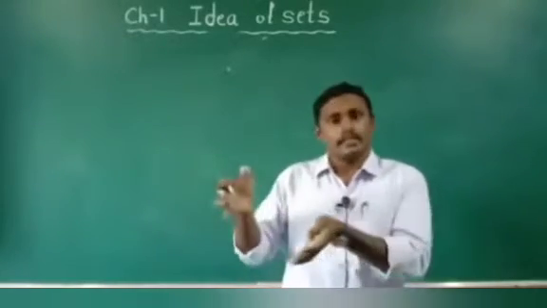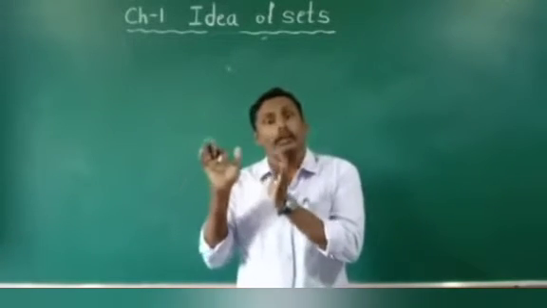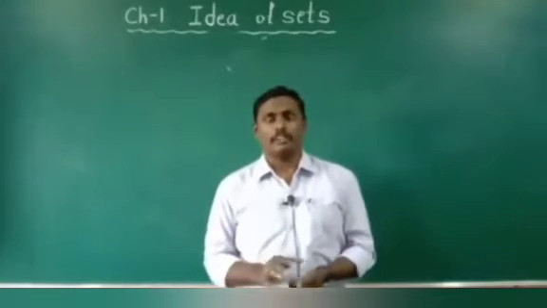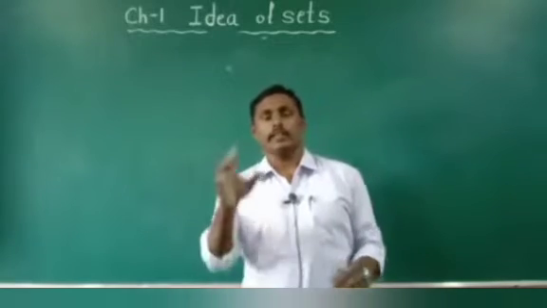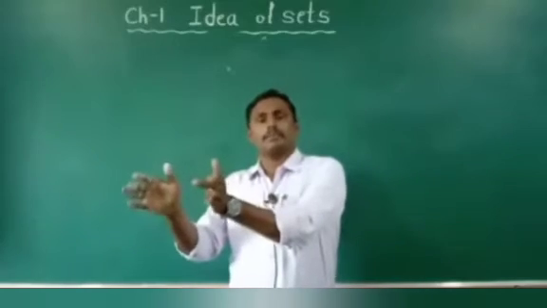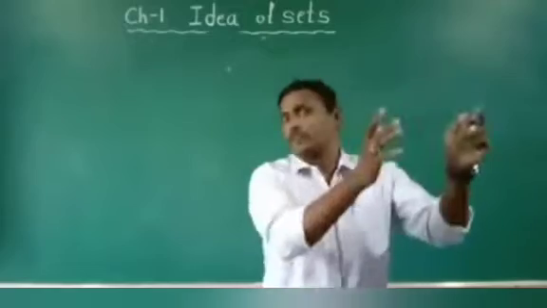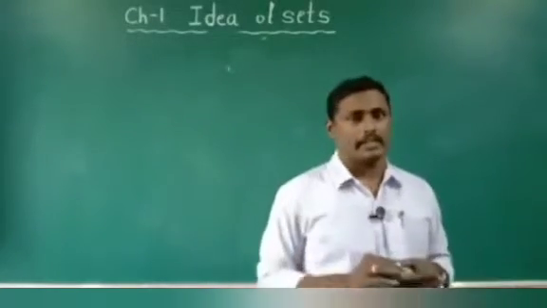Each team has the required number of players according to the game rules. For example, in a volleyball game each team has 6 members, so we make groups of 6 students: Group A, Group B, Group C, Group D. These kinds of groups are called a set.